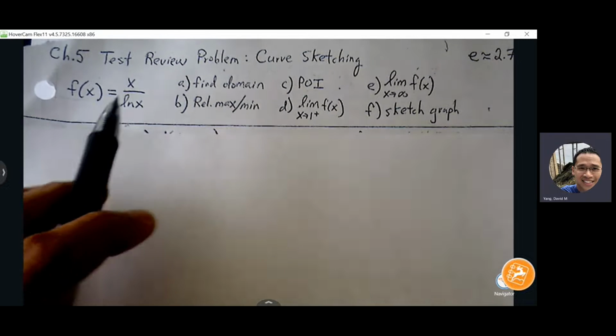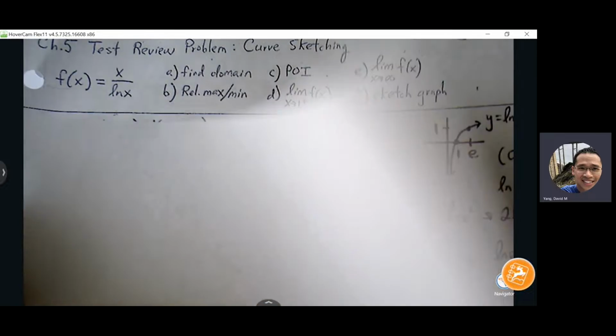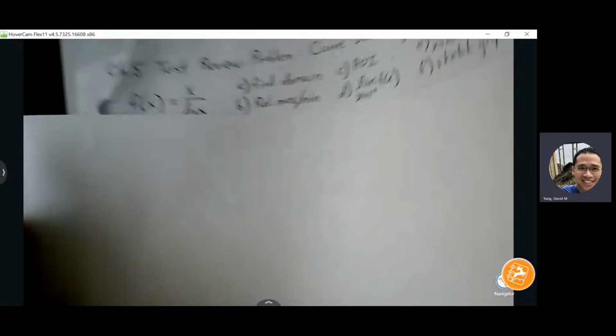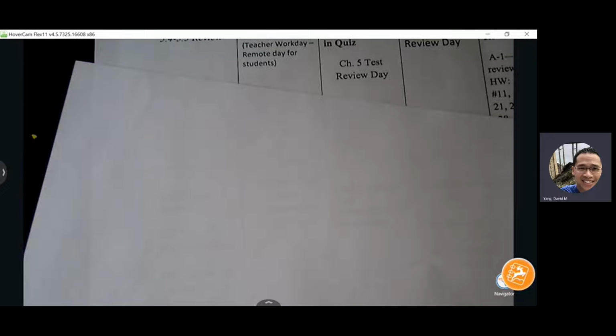Okay, so curve sketching. We're going to go through a similar process to what we've done in unit 3 with curve sketching, but now we're looking at it from a log perspective.